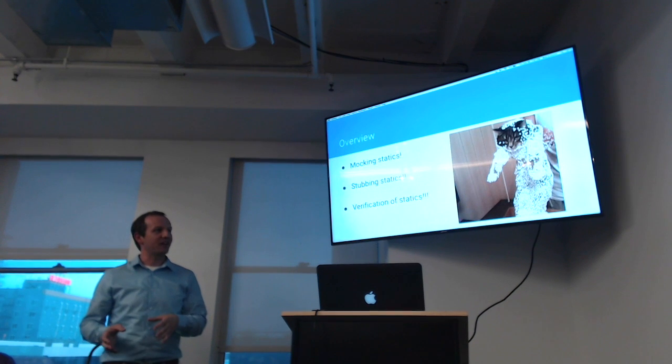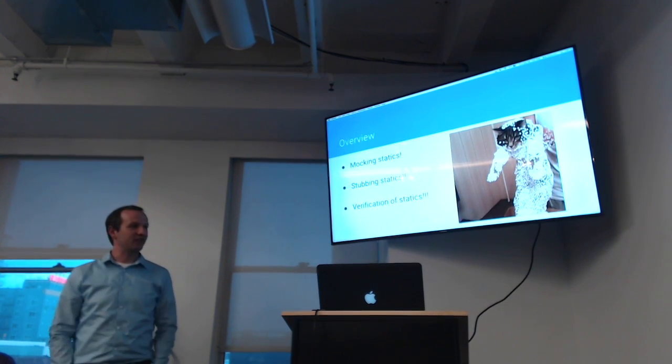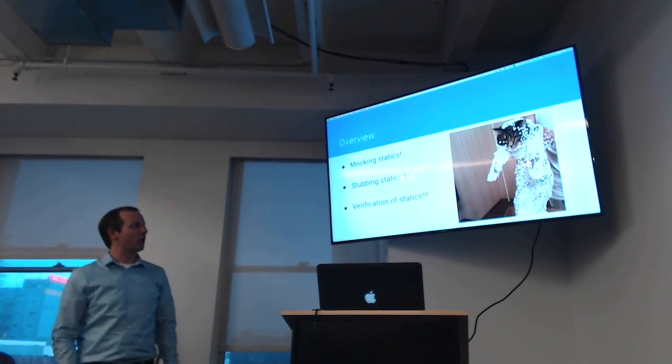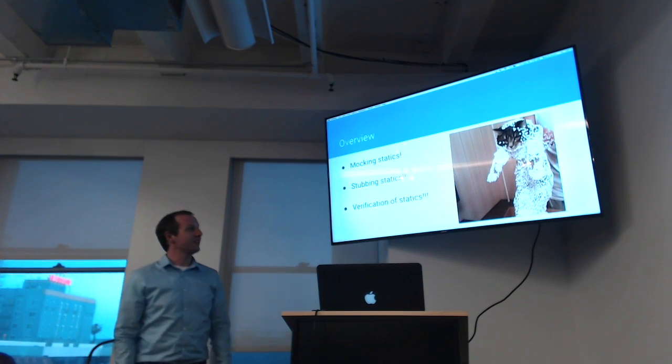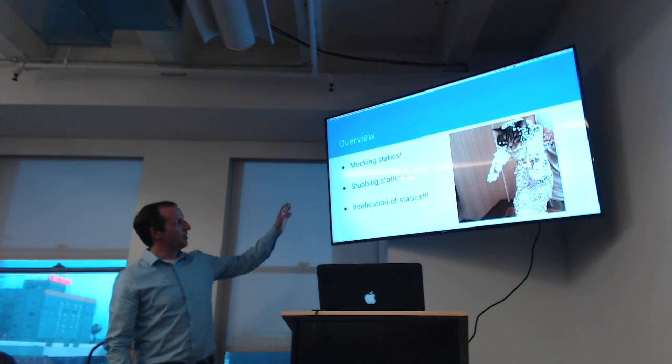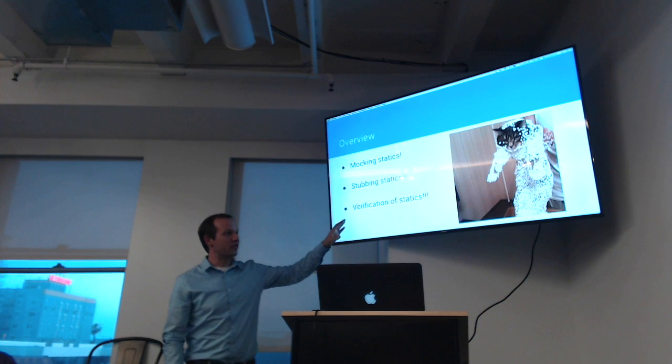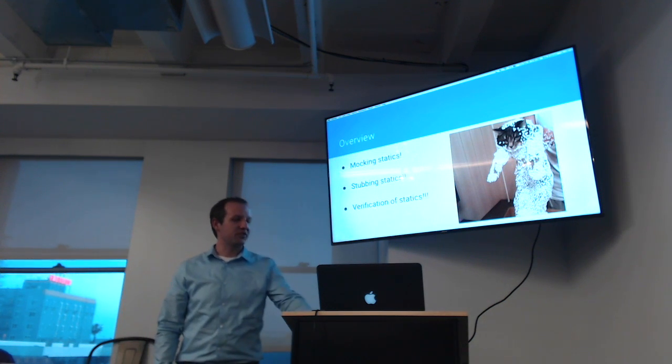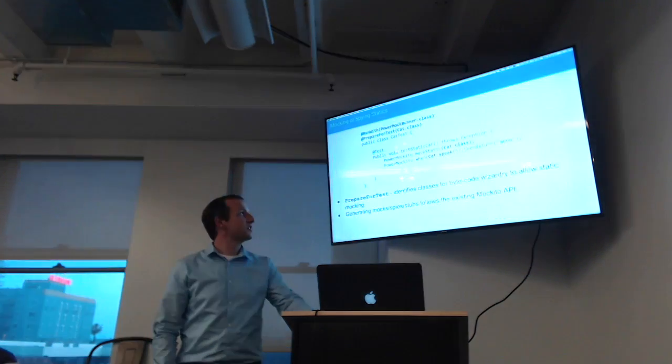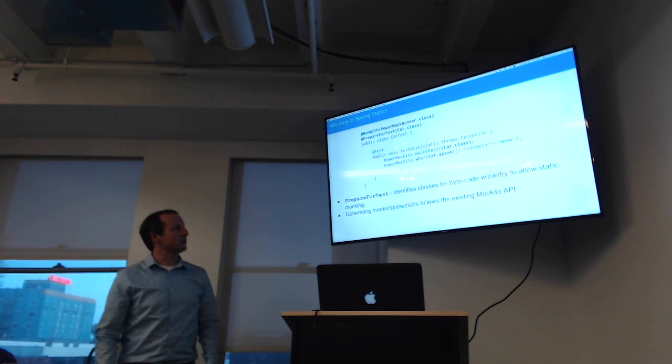You just want to mock it or have your stub set up and get going. Well, PowerMockito can help you out with that. It can help you out with mocking, stubbing, and verification that interactions with static methods in the classes happen. So, small example here of some more cats.